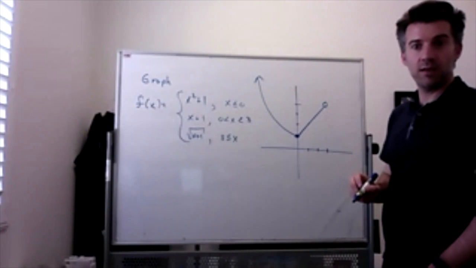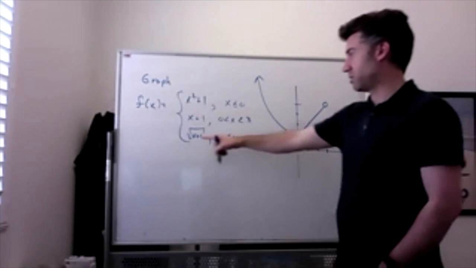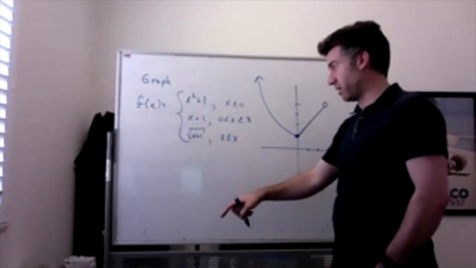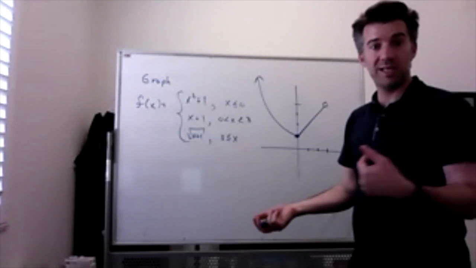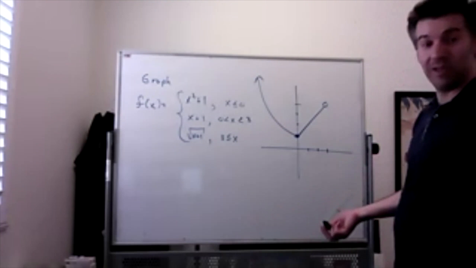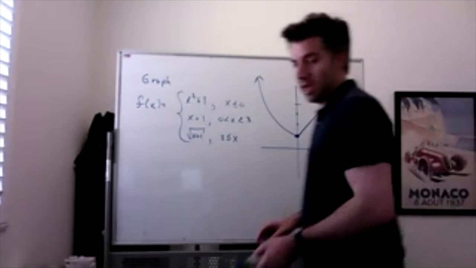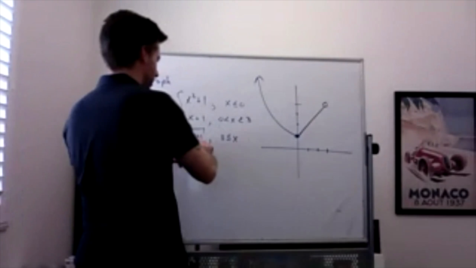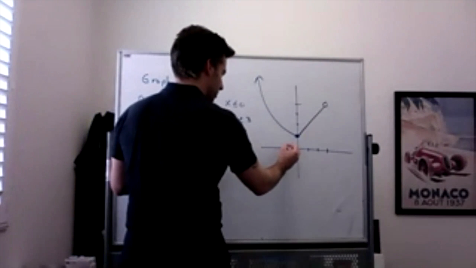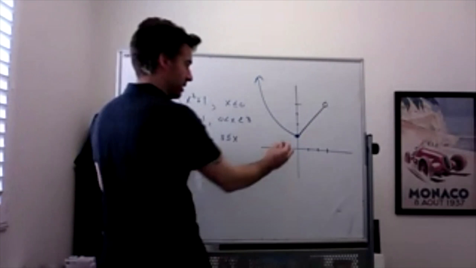And then finally, the last piece, which is square root of x plus 1 when x is bigger than or equal to 3. That looks like your usual square root function shifted 1 to the left, right? So I'm actually going to draw too much of this. This would look like, if x was negative 1, I would get 0.